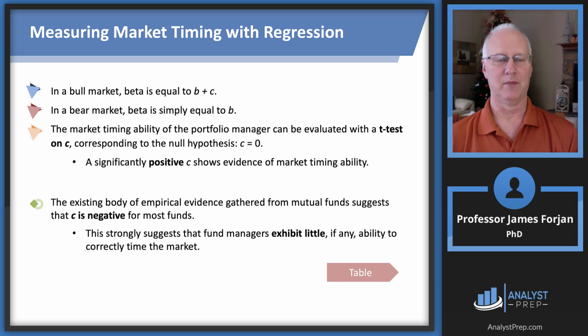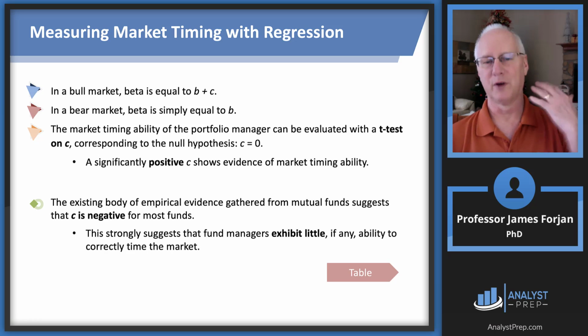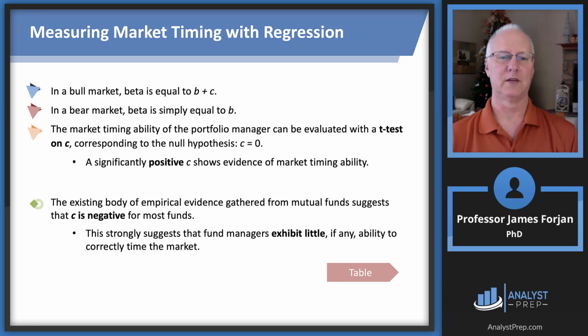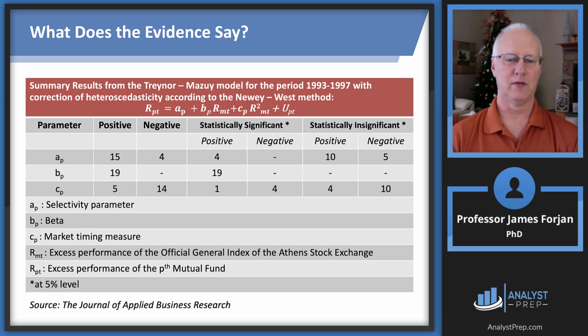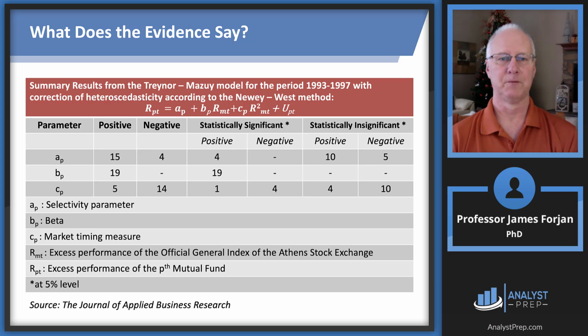Now look at the bottom point there. The existing body of empirical evidence gathered from mutual funds suggests that C is negative for most funds. Of course, we would think that market timing is difficult. And so here's a table taken from the Journal of Applied Business Research.